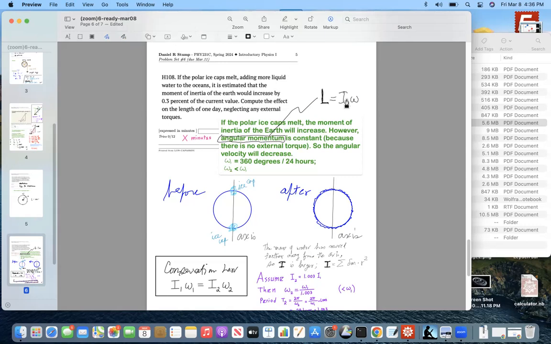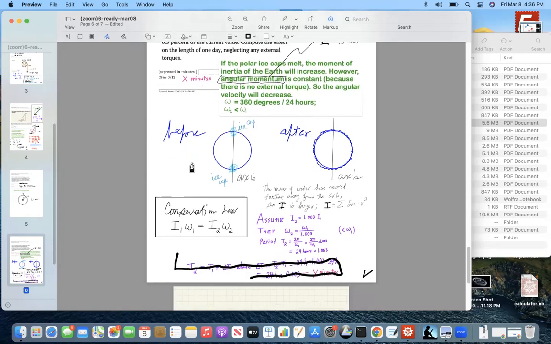Now, angular momentum is I omega. So if you change I, you must change omega by a compensating factor so that I times omega is constant. The angular momentum is constant. The moment of inertia is not constant. Omega has to be not constant so that the moment of inertia times omega will be constant.